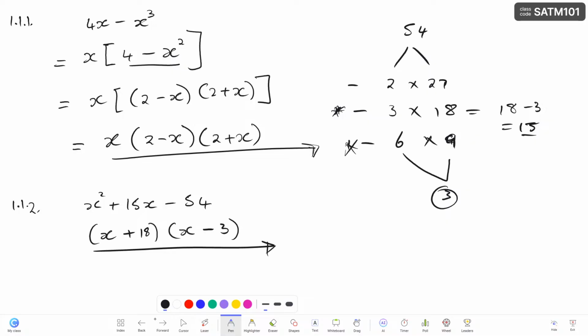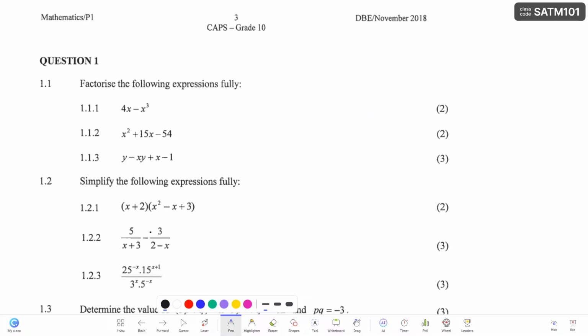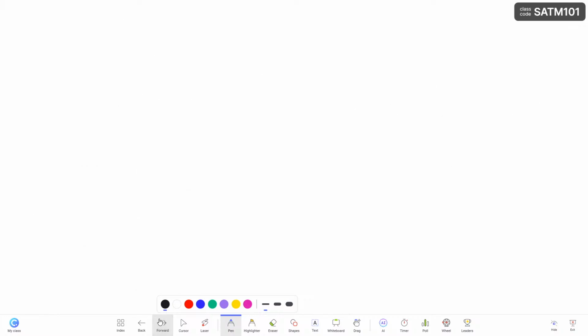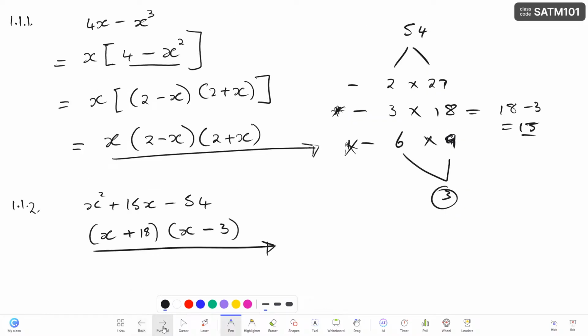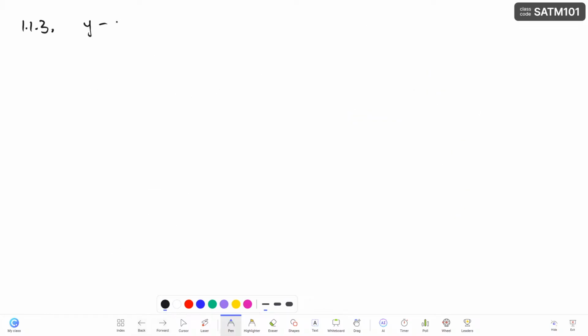So okay, let's go to the next question. The next question, they said simplify this one. Okay, so it's 1.1.3, and we are given y minus xy plus x minus 1.